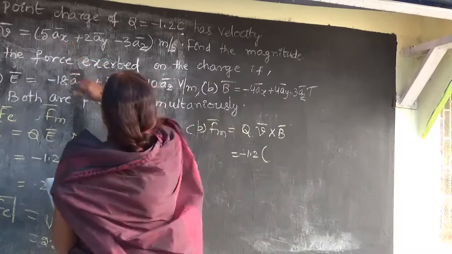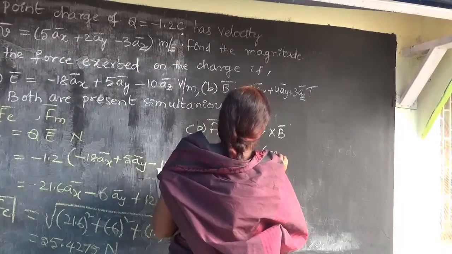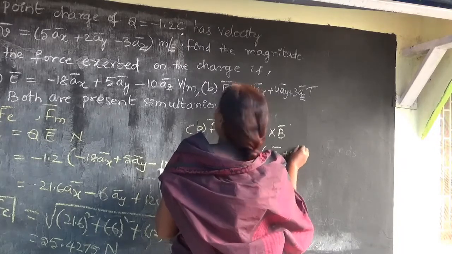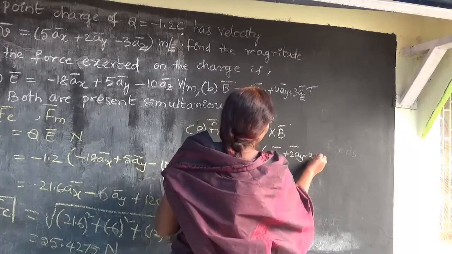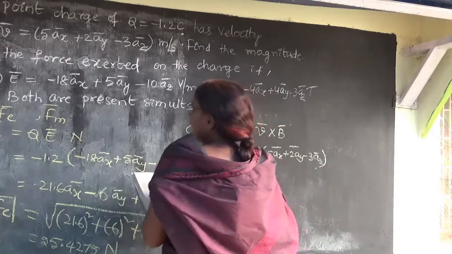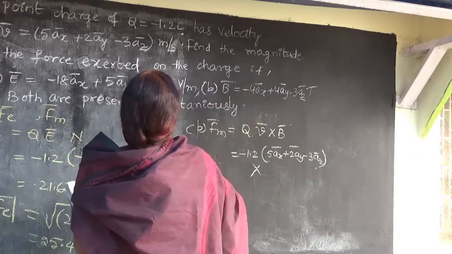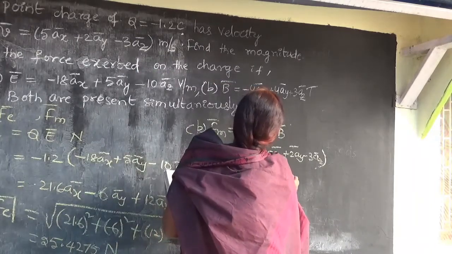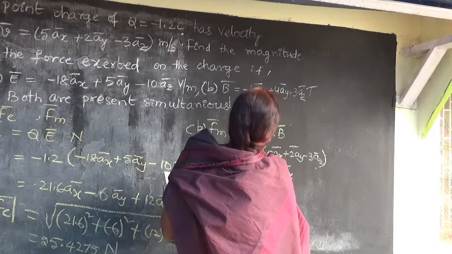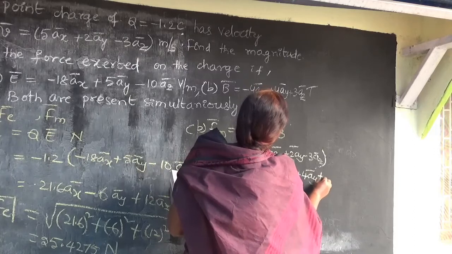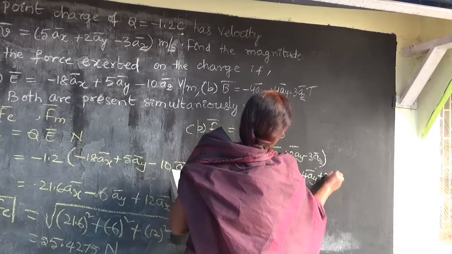V bar given here 5 AX bar plus 2 AY bar minus 3 AZ bar cross B bar. And what is B bar? B bar is also given, minus 4 AX bar plus 4 AY bar plus 3 AZ bar.